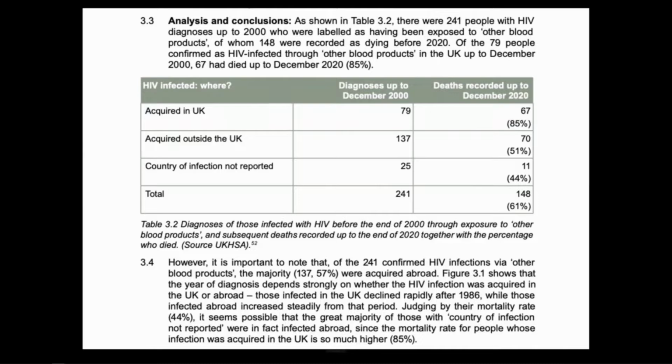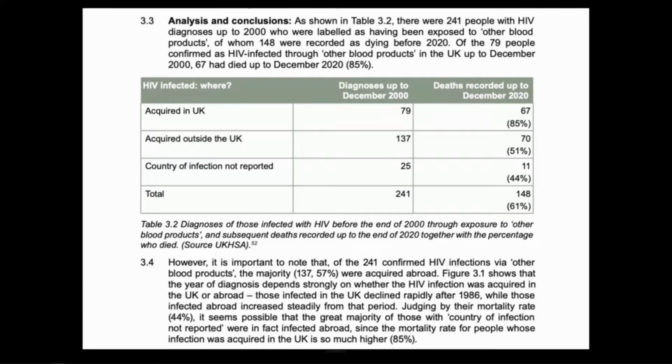There's two reasons why that 79 will be added to. First of all, some of these have country of infection not reported, not so many, and so some of those 25 were no doubt acquired in the UK.